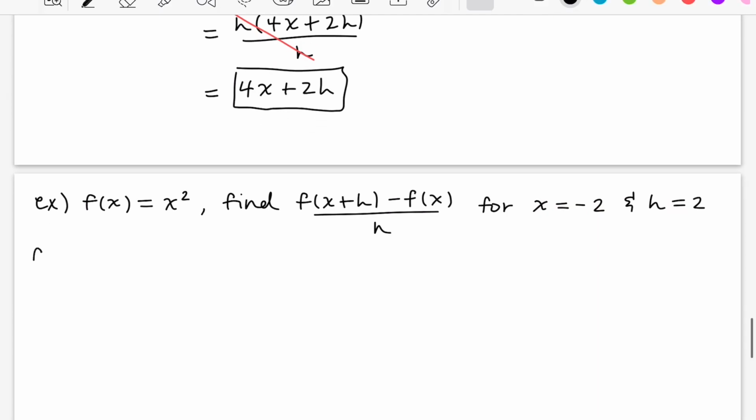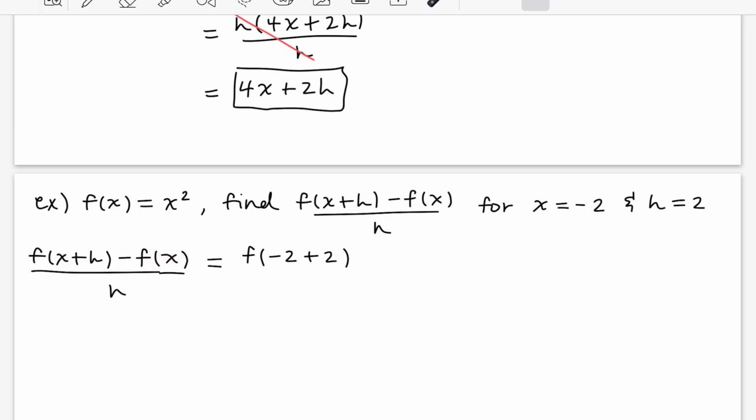So what we'll do here is just plug in those given values into our difference quotient. Okay, so we have f of x plus h, x is minus 2 and h is 2, so this means we have f of minus 2 plus 2.